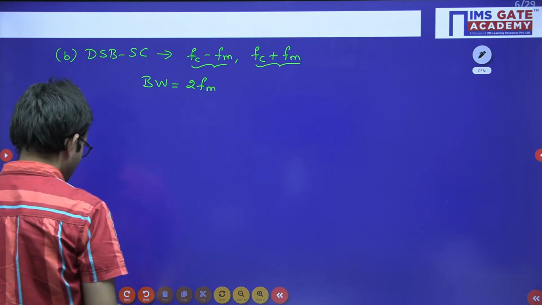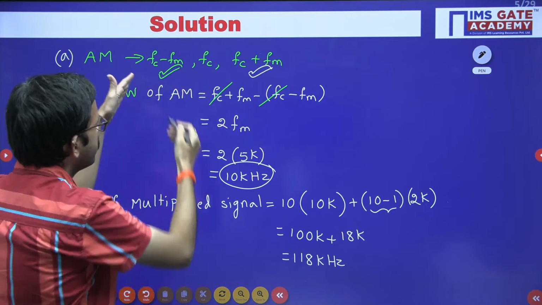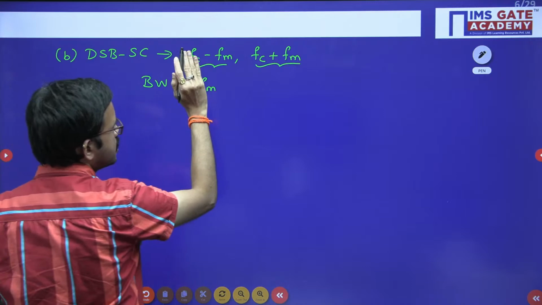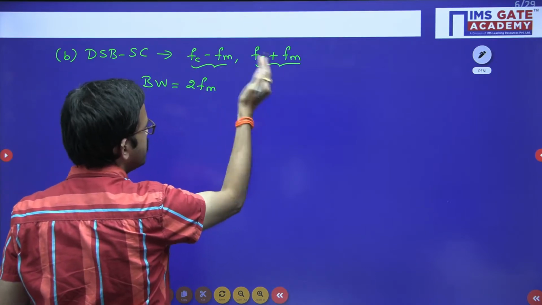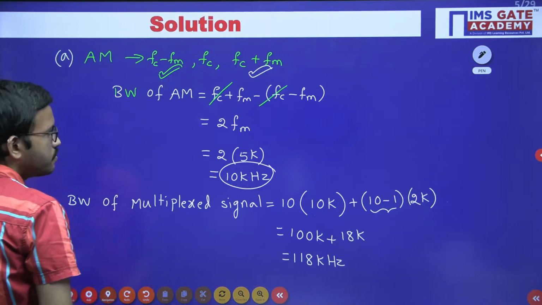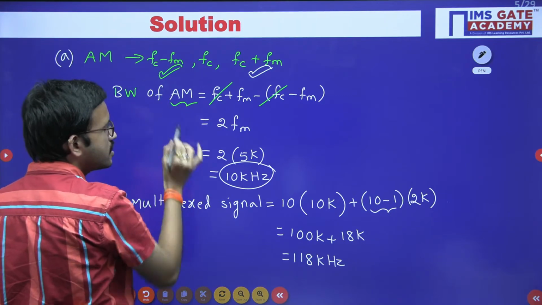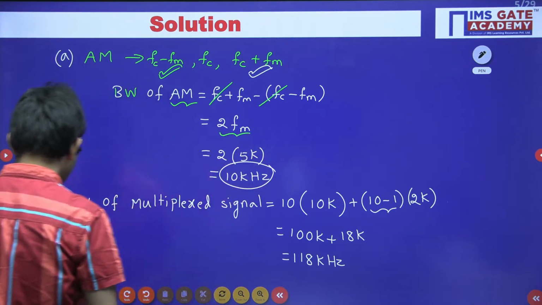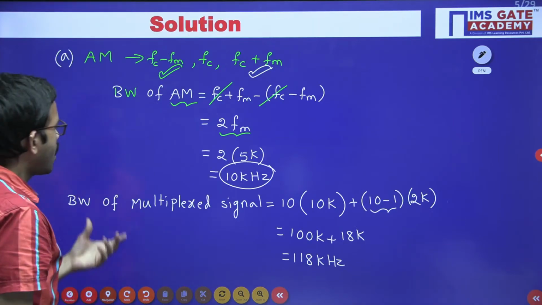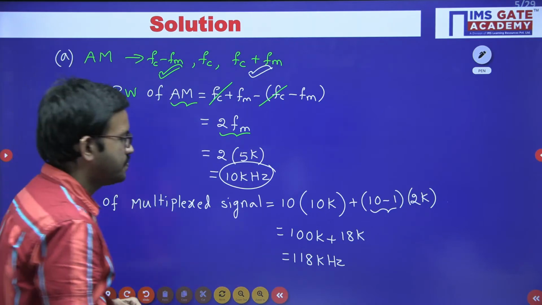If you observe here, you have the carrier frequency in the center, right? When you observe all 3 frequencies, in the DSBSC you're going to get the lower sideband frequency and the upper sideband frequency. So obviously the bandwidth remains the same. Since the bandwidth of AM and the bandwidth of DSBSC are both the same, obviously when you calculate the bandwidth of the multiplexed signal, you're going to get the same answer.